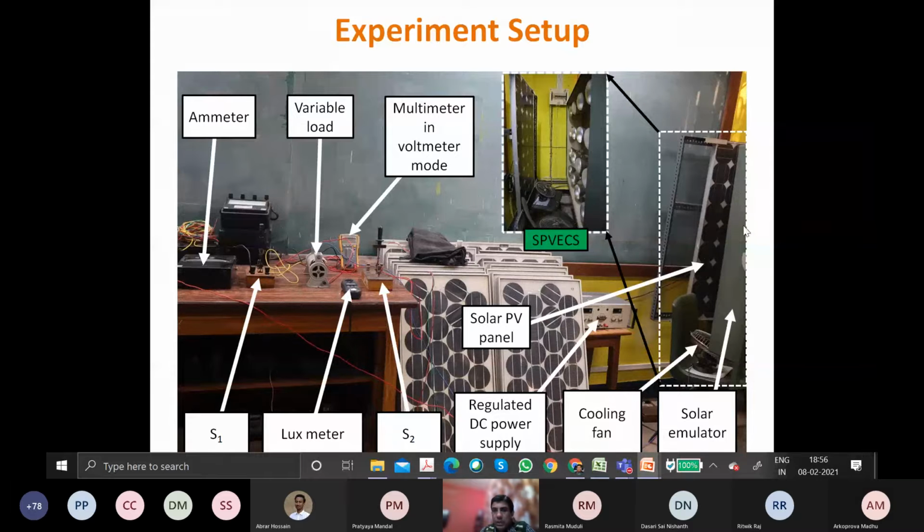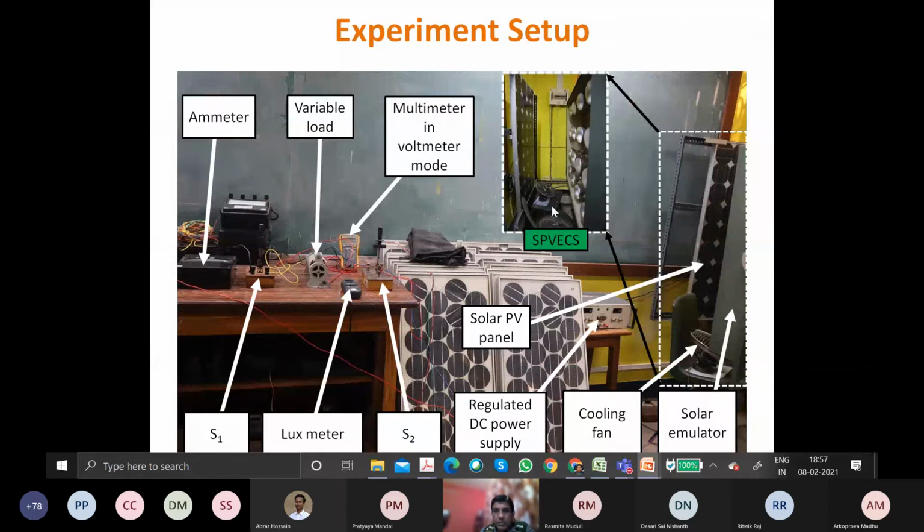So this panel and lamp arrangement is zoomed here in this box with dotted white border. They are face to face, the panel and the artificial lamps. You can see 4 in each row. There are 4 rows, total 16 lamps.